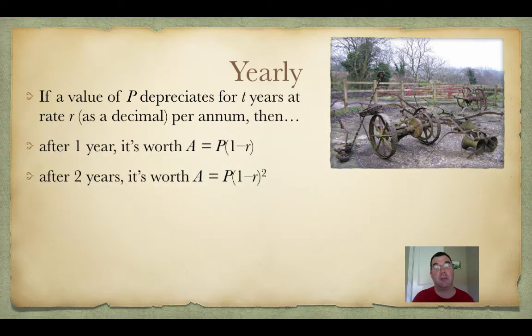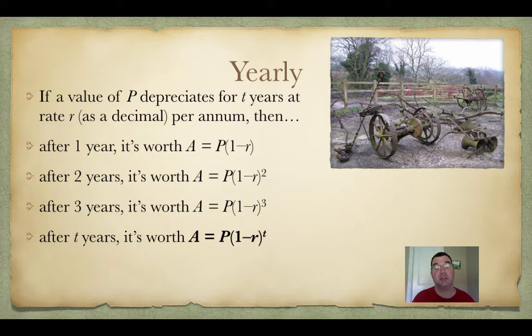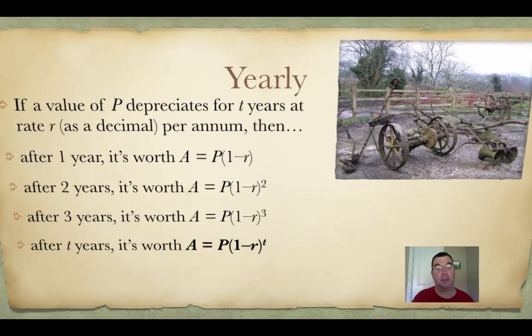After 2 years I've got to multiply by 1 minus R again. And after 3 years, I've got to multiply by 1 minus R again. So if you look at the number of years of depreciation and the exponent in this equation, they are identical. So I know that after T years, it's going to be worth P times (1 minus R) raised to the T. Okay, very important formula to remember.